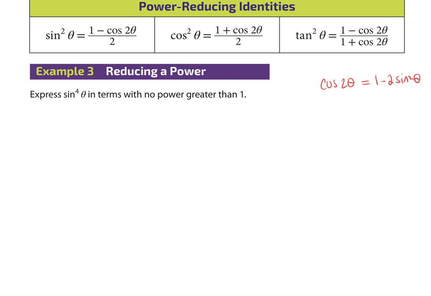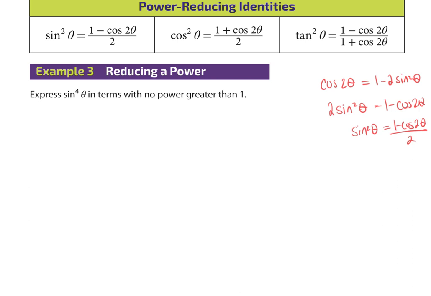Actually, they're moving the negative out. So move the 2 sine squared of theta over here, move the 1 minus cosine of 2 theta over here, and then divide by 2. All they did was take the double angle and solve for sine squared.